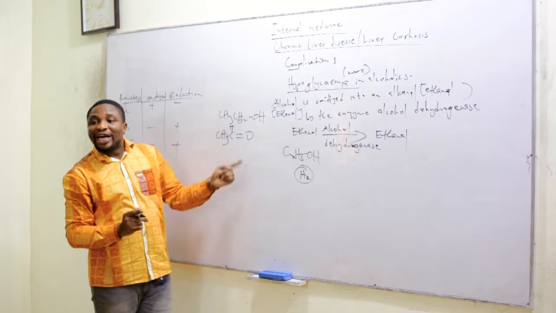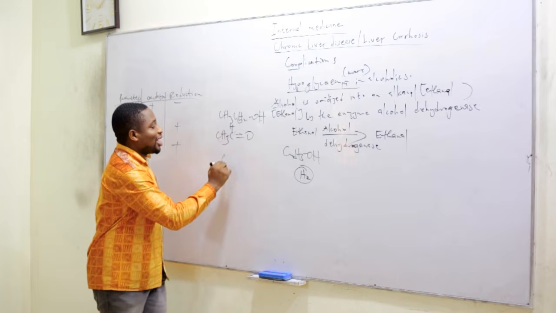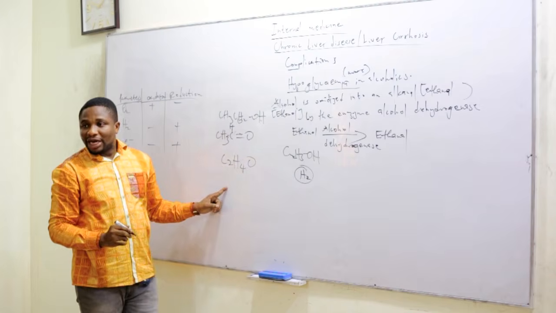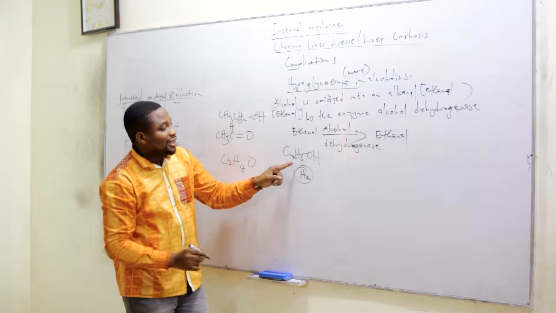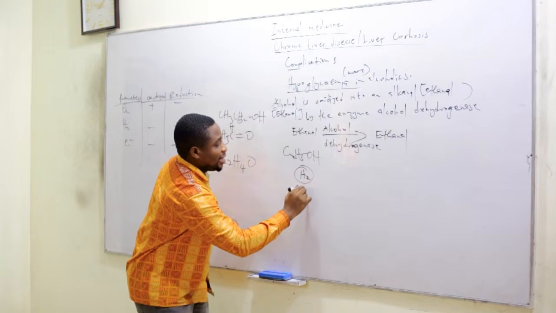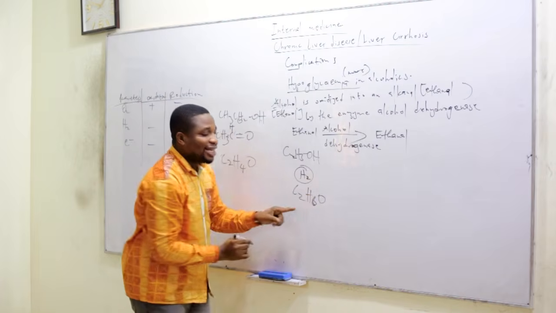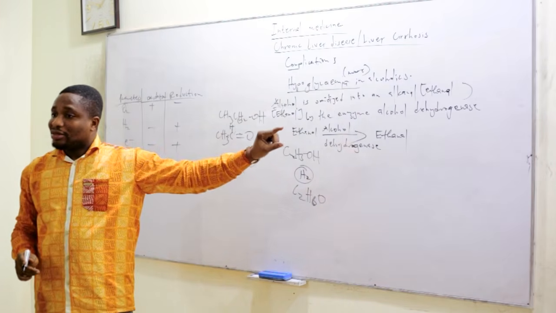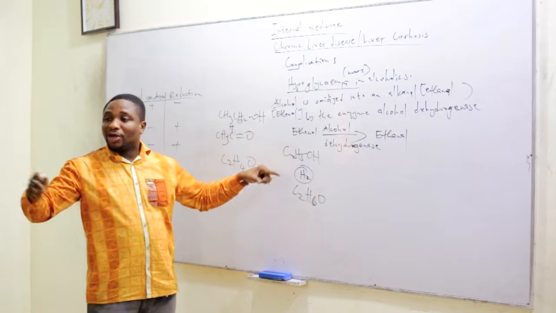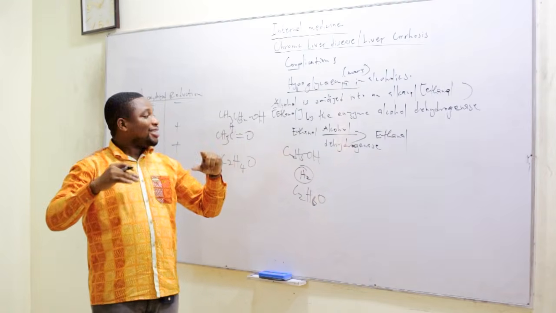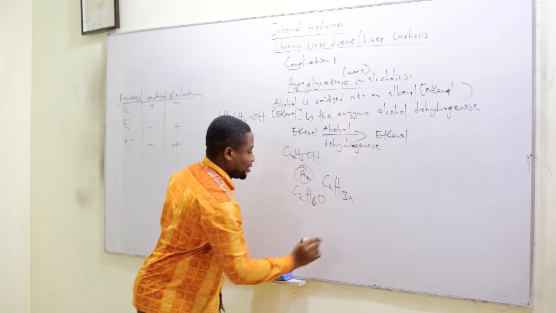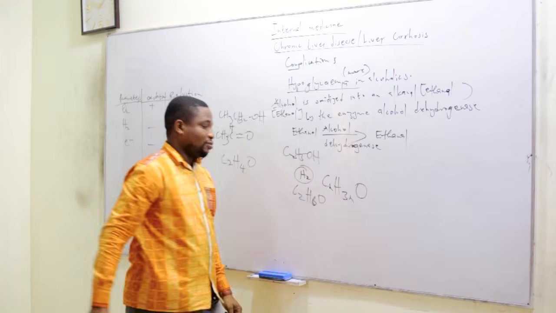So if you are removing 2 hydrogens, you are going to have C2H4O. If you look at this, this is C2H6O, meaning that for any alkanol, the general formula will be CnH(2n+2)O.